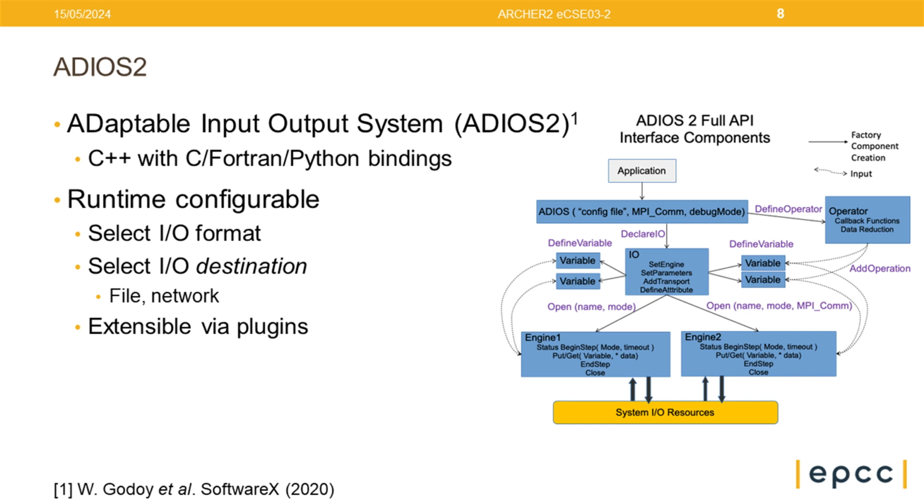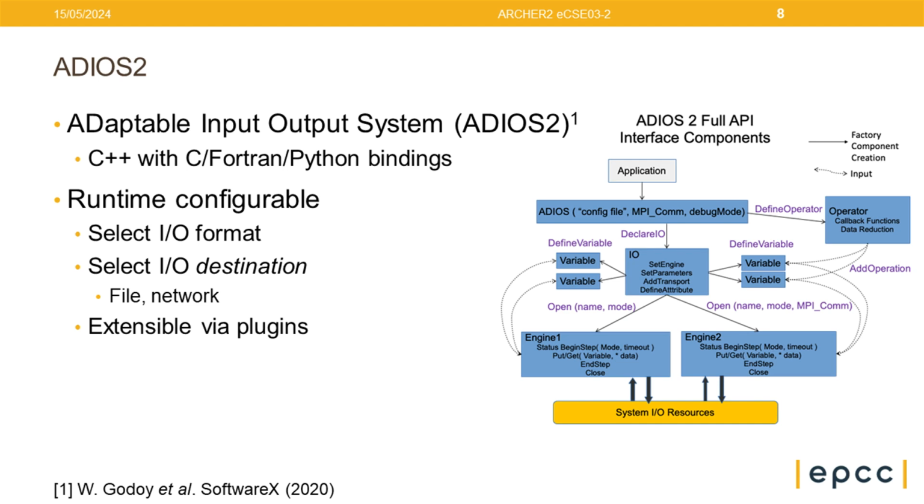So what we want to do is find a way that we can make doing this easier for Xcompact3D users. So the idea is to avoid having to dig into the code base and edit it in order to achieve what they want. So the ADIOS2 framework has been developed by Oak Ridge National Laboratory for very large scale simulations.